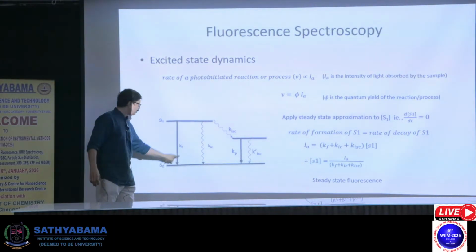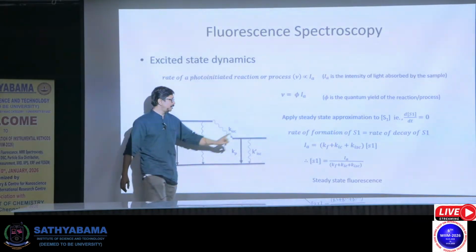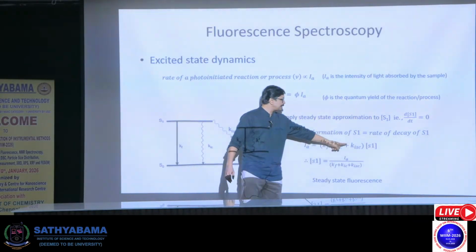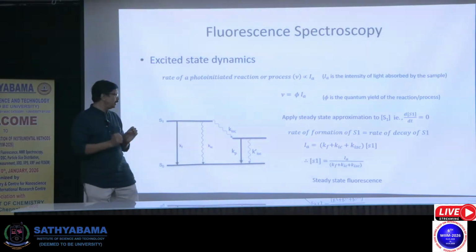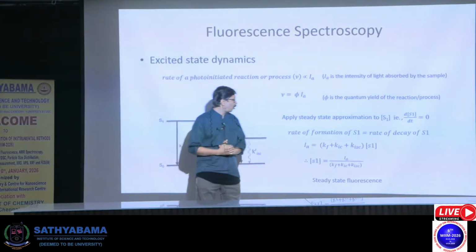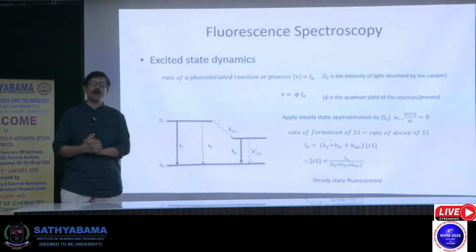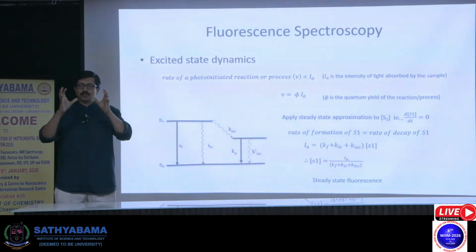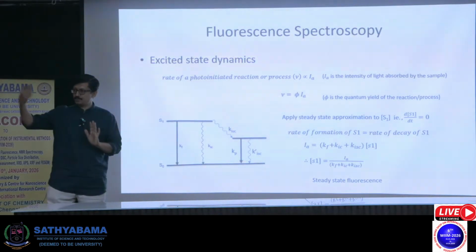There is one emission decay process, there is a non-radiative process, there is another non-radiative process. So Kf plus KIC plus KISC, into concentration. If you equate these two, then the steady state concentration of S1 can be obtained as IA by the sum of K. That is one way to find out how much excited state concentration you are generating in a steady state fluorescence.